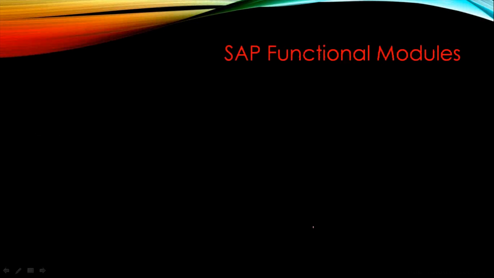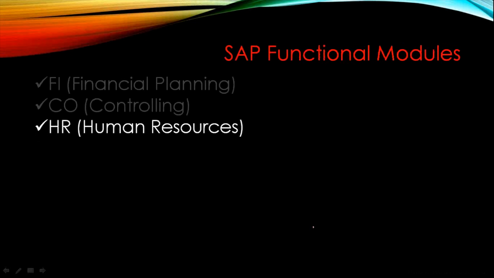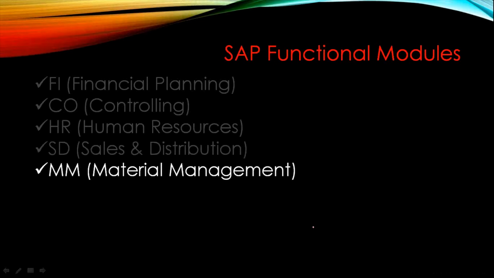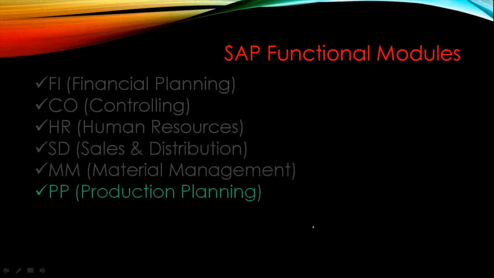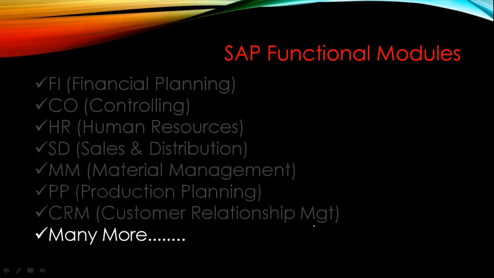So what is a functional module? Here are some examples. Functional modules are like FI, financial accounting, CO controlling, HR for human resources, sales and distribution, material management, of course production planning that we're learning here, CRM, and many others. So these are the functional modules.